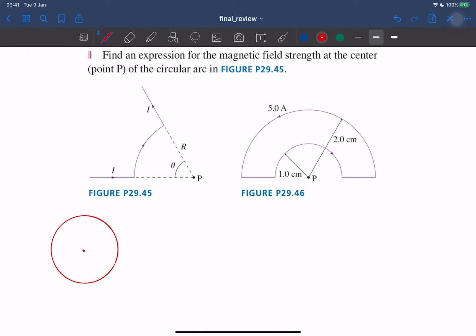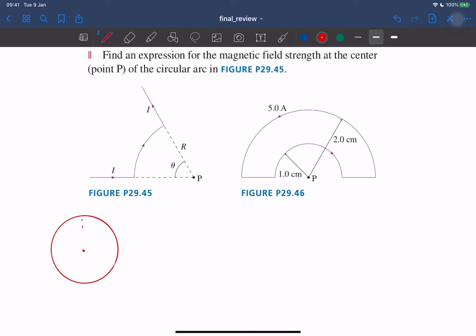Remember, this is where you need to use the Biot-Savart law, but you can just use the result from the lecture to calculate.